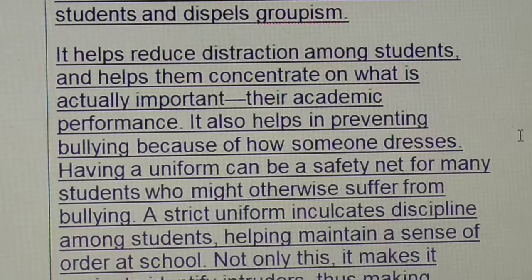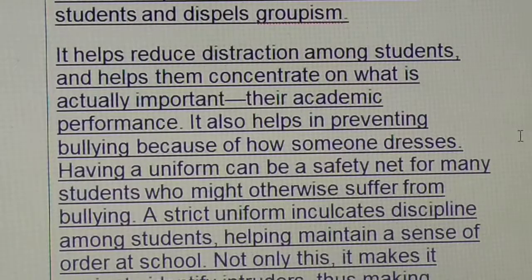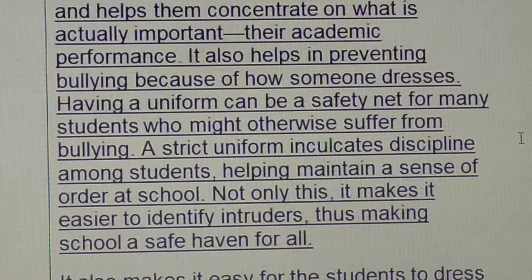A strict uniform inculcates discipline among students, helping maintain a sense of order at school. Yes, very important. Not only this, it makes it easier to identify intruders, strangers, thus making school a safe haven for all.